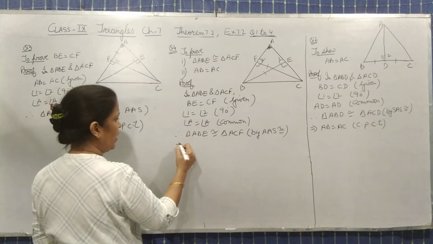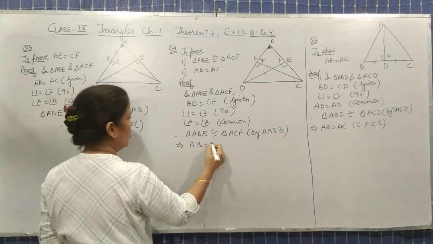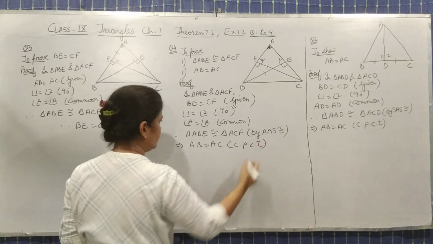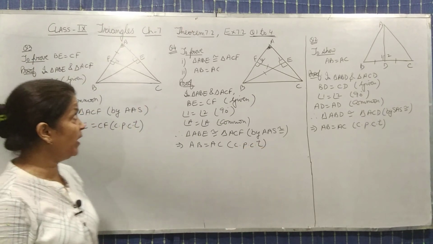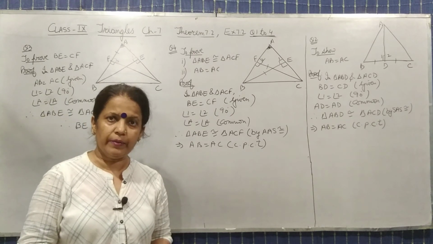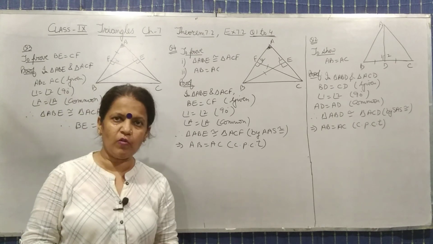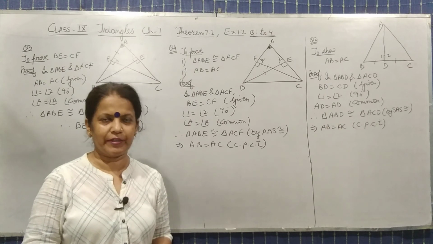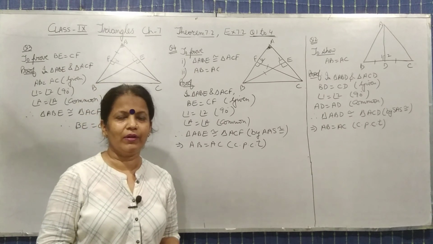Therefore, this implies AB equal AC, CPCT. These should be equal. Okay, so I think now you can able to do all these question 4 yourself. Thank you and have a nice day.